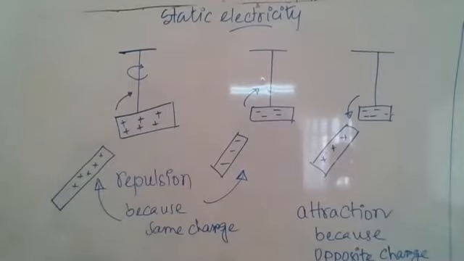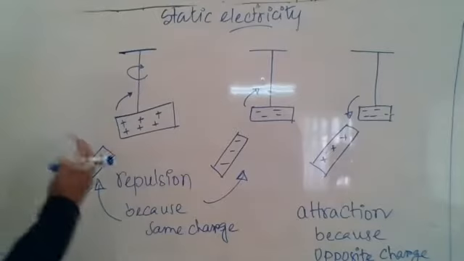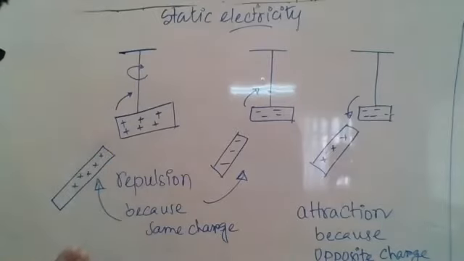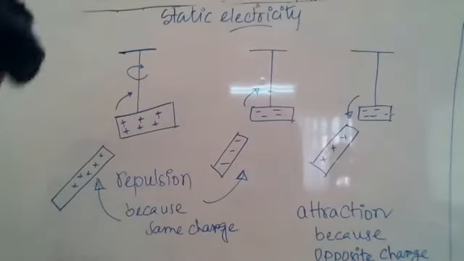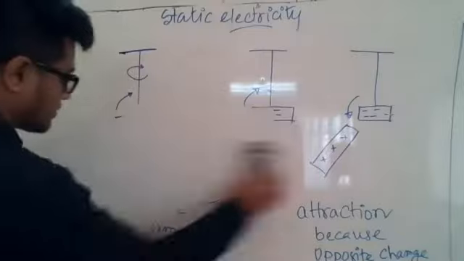Now let us take a look. Why is this called static electricity? The electron has moved from one body to another, right? But after that, it is not going anywhere until you do something. Let me explain it this way.